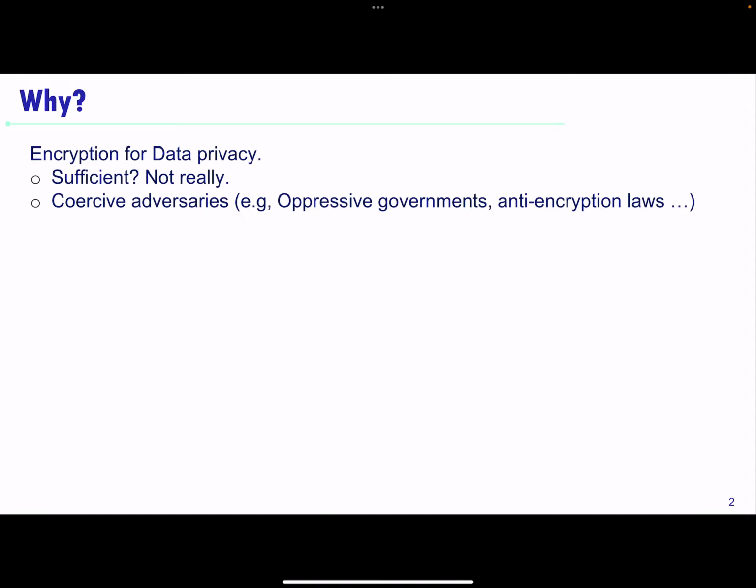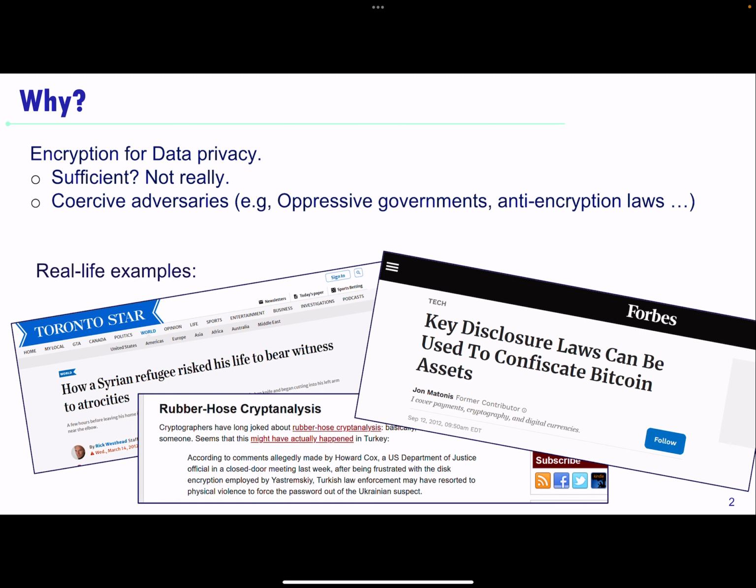There's hundreds and hundreds of examples where courts have compelled disclosure and laws are enacted that are supposed to protect the children, but at the end of the day weaken significantly the infrastructure, the backbone of privacy techniques and tools such as encryption. And so now the problem is, is there something you can do about this? And plausible deniability aims to provide an answer to that.